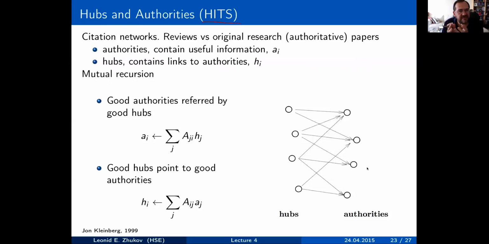One type is original research papers, right? When the person writes an original research paper, he has some authority about this research subject, and he made some experiments, right?